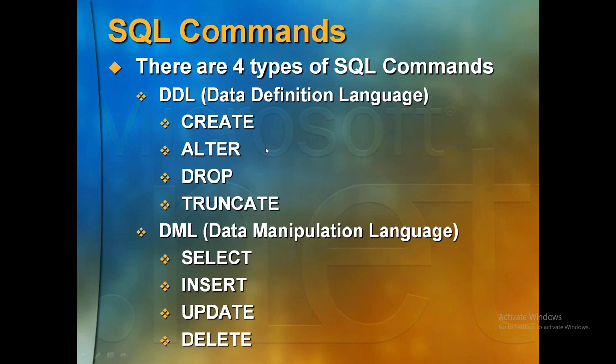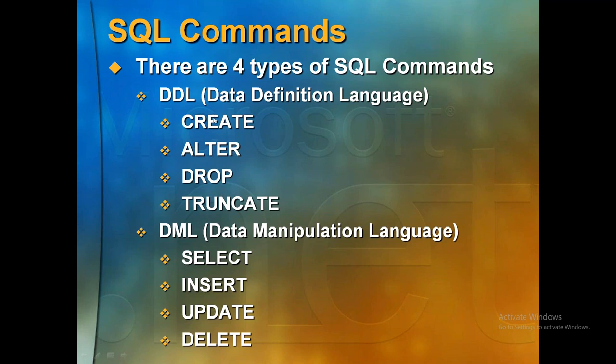We will be discussing how to alter the table itself. For example, I have two columns and I wanted to have one more column. I would like to delete a column. I would like to have a new column. So I wanted to modify the table structure itself. That is where we are going to implement what is called alter.